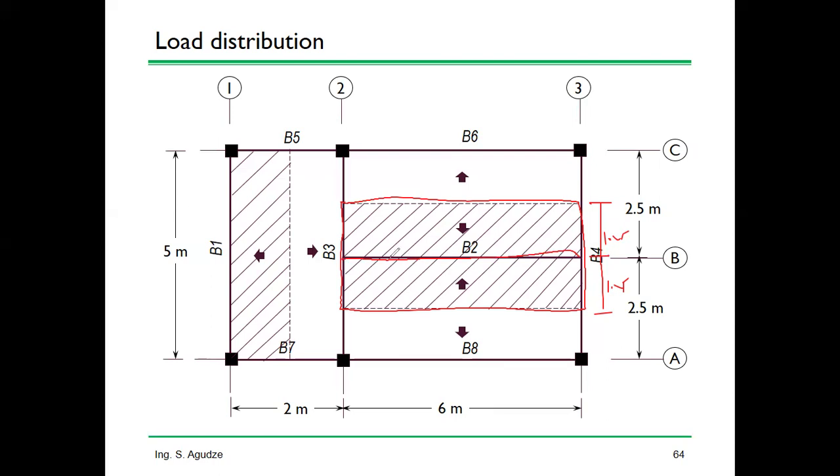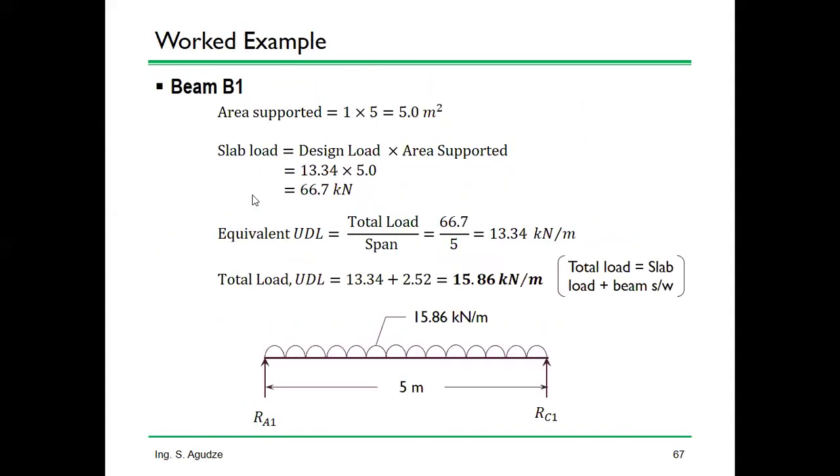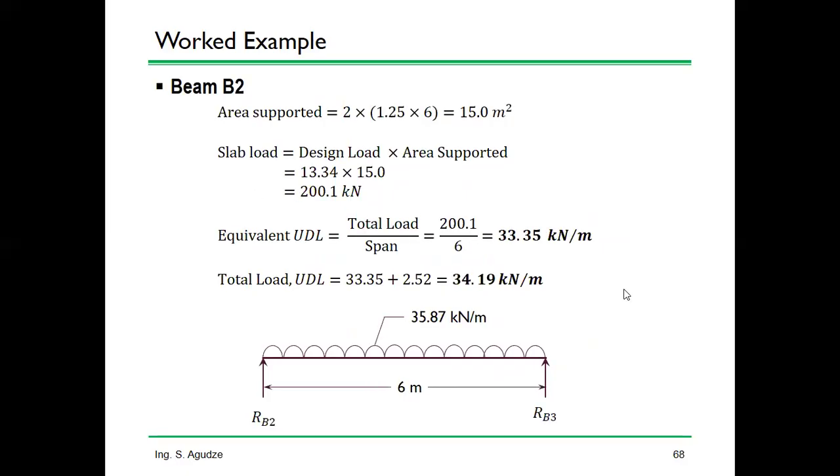And then the other UDL is the beam web, which is also there because there's a beam. So in simple terms, look at what that also amounted to. This is beam 2, right? You see this I was doing. This is 15 meters square. So you see the formula has not changed. Slab load is design load times the area supported. At all points, divide the total by the span covered by the loading, as we did earlier.